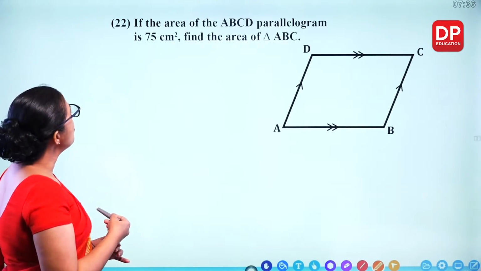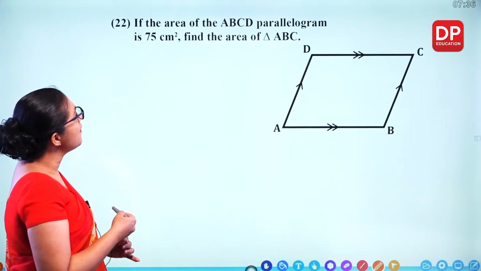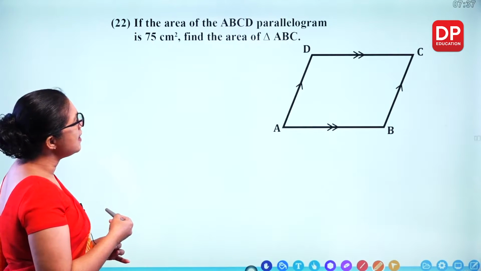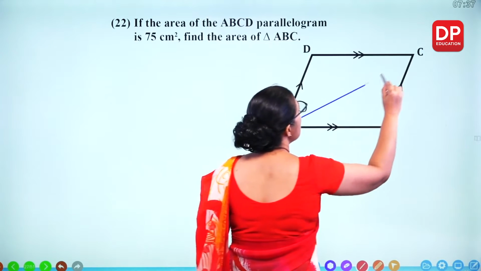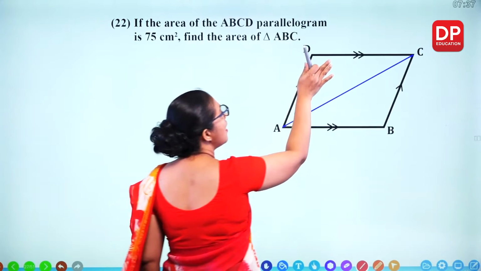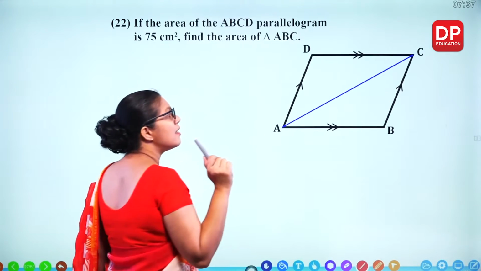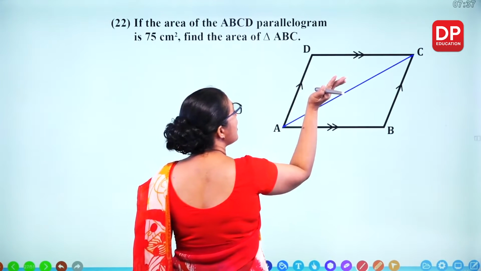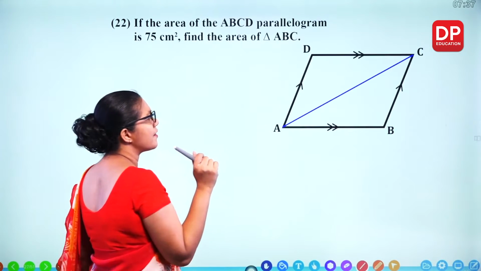Question number 22. If the area of the ABCD parallelogram is 75 square centimeters, find the area of ABC. So can you see ABC is the triangle bounded with the diagonal. So we know diagonal bisects the area of the parallelogram.